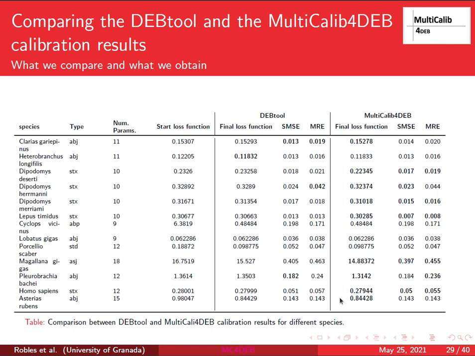The toolbox is able to reduce the loss function value of the tested species and also the error measures between 1 and 5%. And the most important one, the toolbox does not return a single solution, but a set of optimal and diverse solutions for each species.